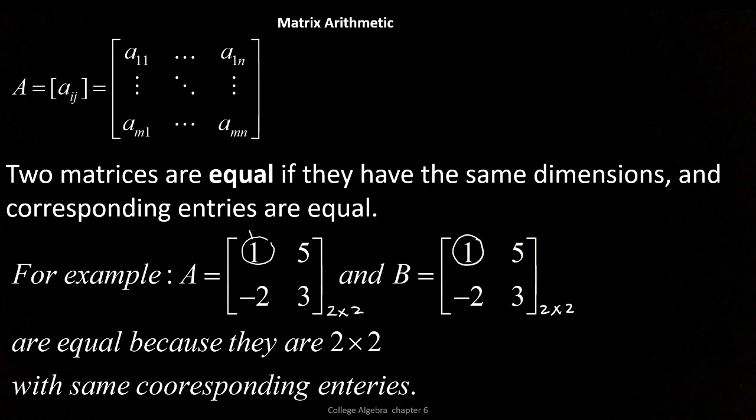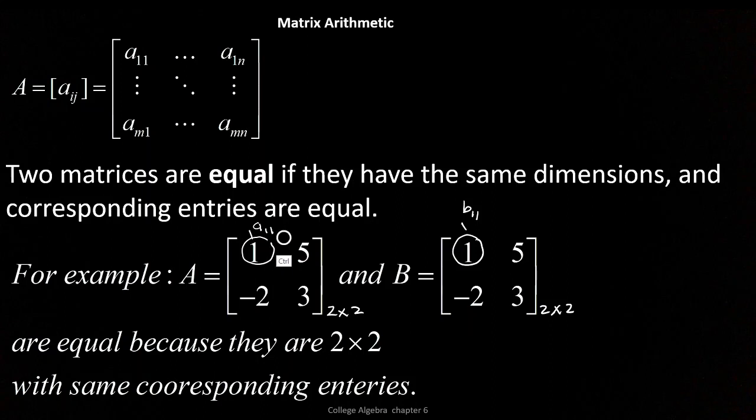So this right here is a11 and this right here is b11. Because of those 1, 1 subscripts, they are corresponding entries, right? So notice that in these two matrices, the corresponding entries are the same.